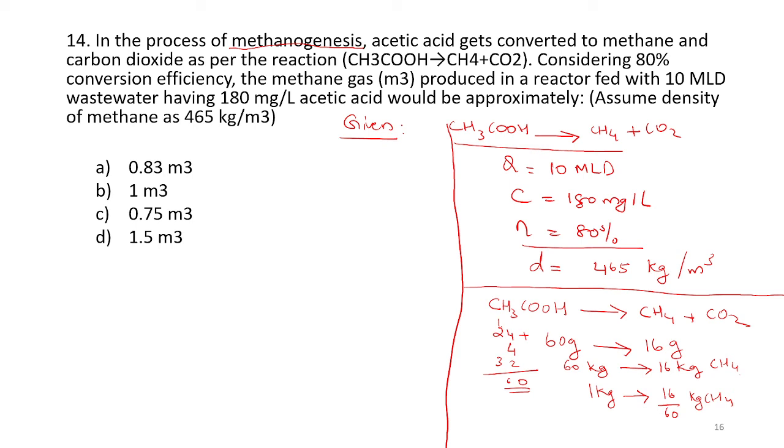We calculate in the calculator, 0.8 into 16 divided by 60, and it is coming as 0.213 kg methane.